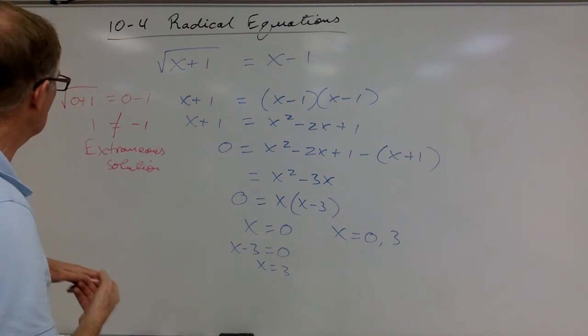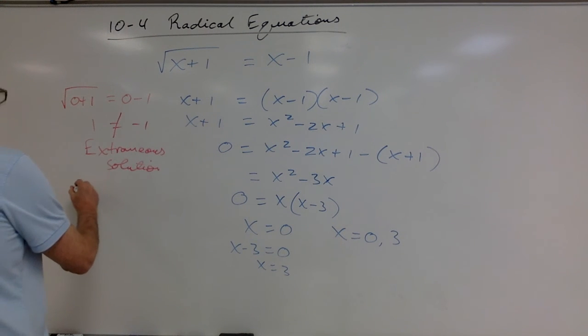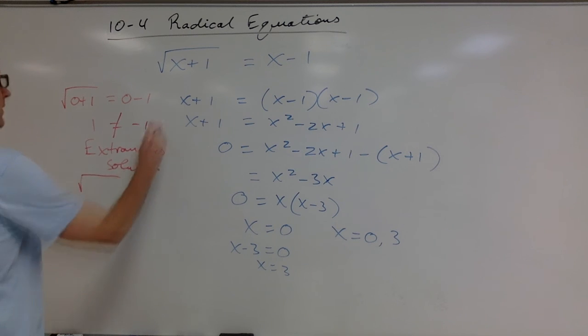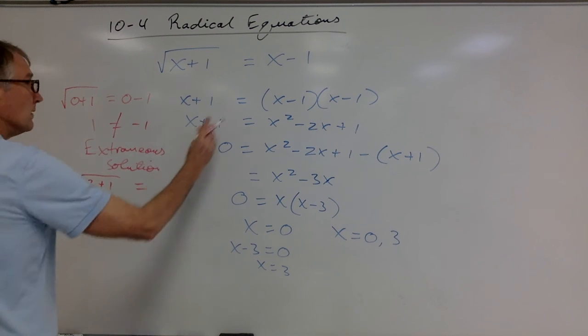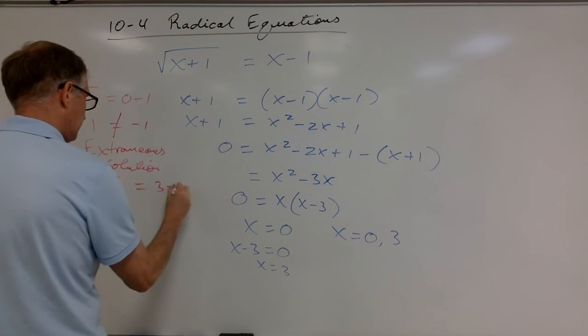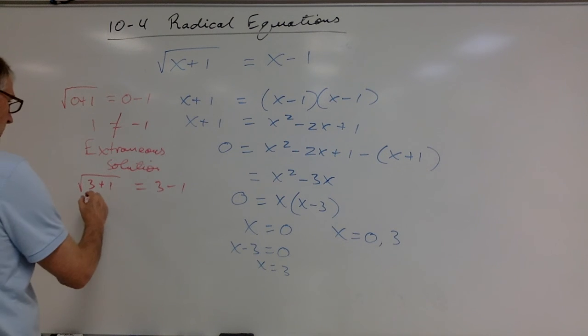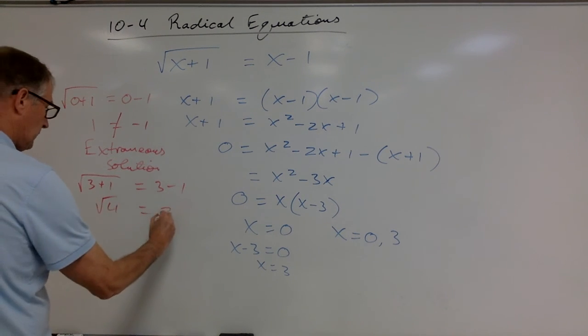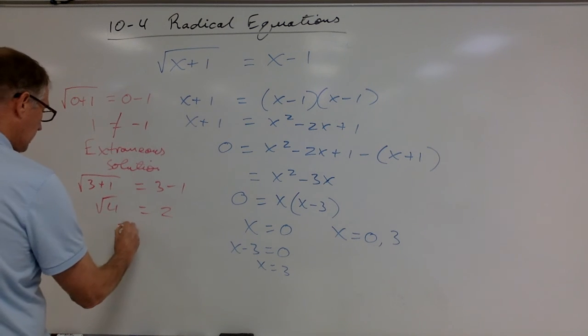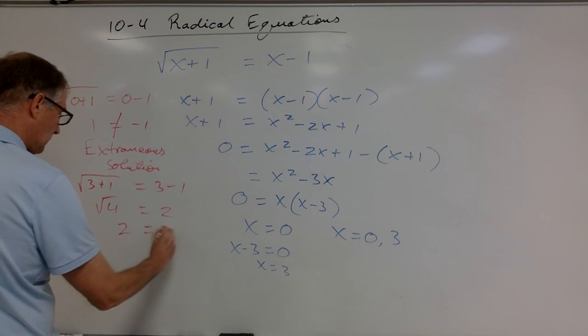How about 3? Well, if I put in 3, let's check with 3. So 3 plus 1 and 3 minus 1. Well, 3 plus 1 is 4. 3 minus 1 is 2. Does the square root of 4, which is 2, equal 2?